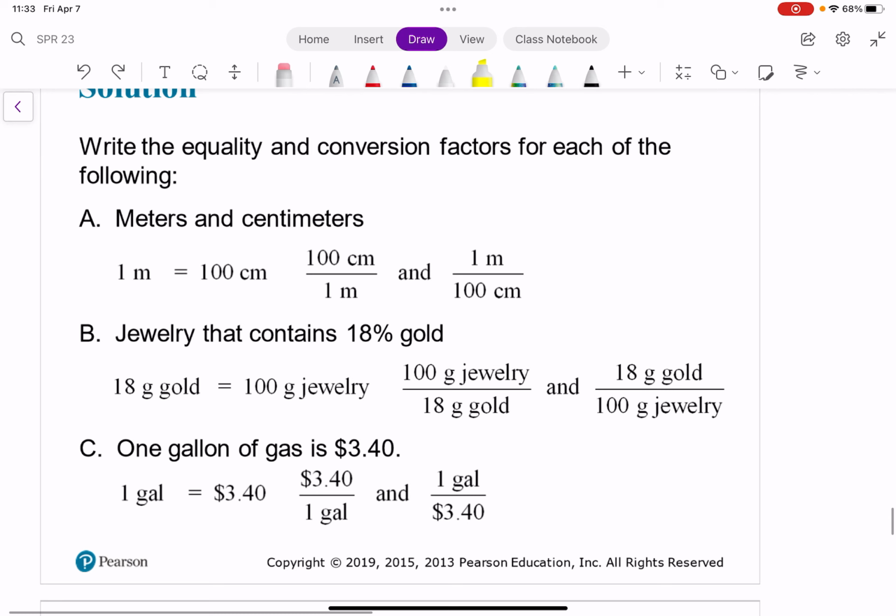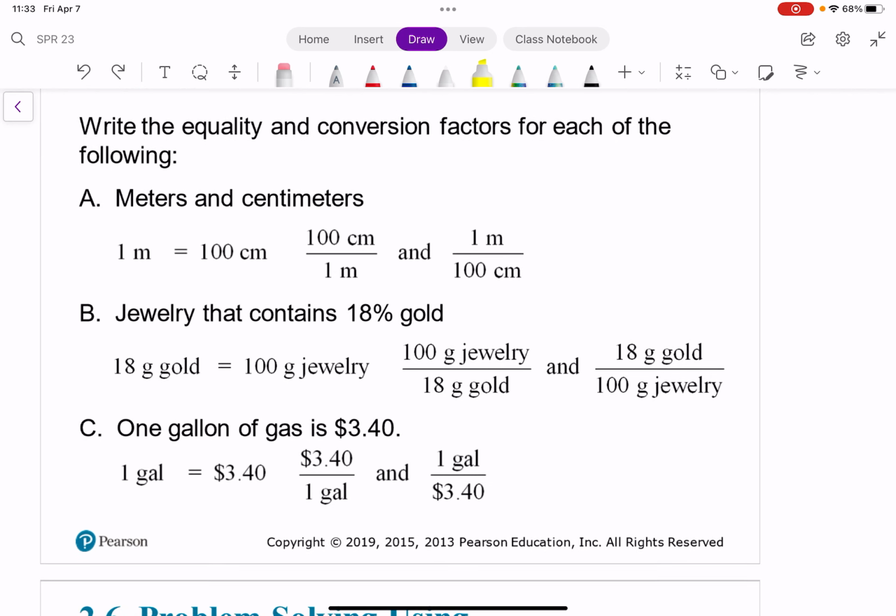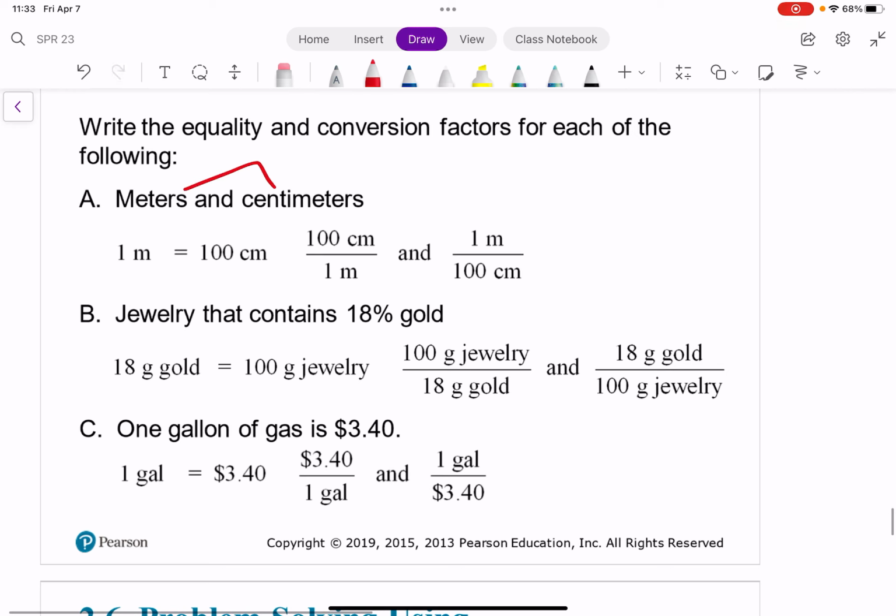All right, so let's take a look at these. Write the equality and conversion factors. For meters and centimeters, this one is all metric, right? So you can use your chart for the metric system. 1 meter equals 100 centimeters. And notice that by default, they used 1 meter, the bigger unit.